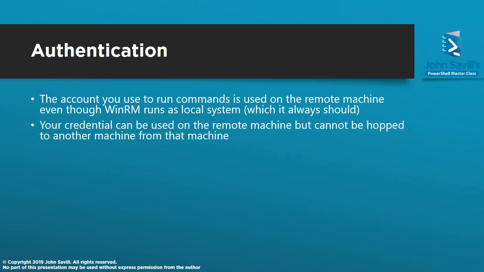My credential can be used on that remote machine, but it cannot hop. If I'm running a command on a remote machine, and then on that remote machine I'm issuing other commands or API calls that go against other remote machines, it's not allowed to use my credential. That would be hopping my credential.